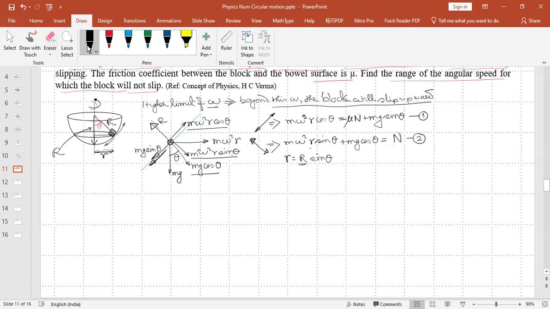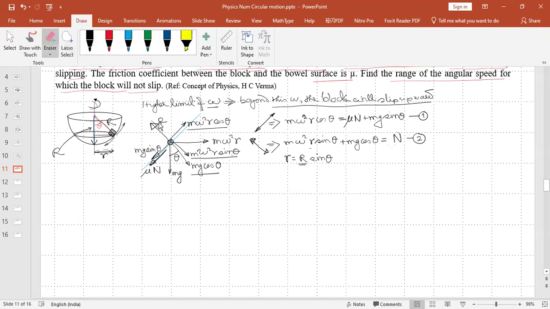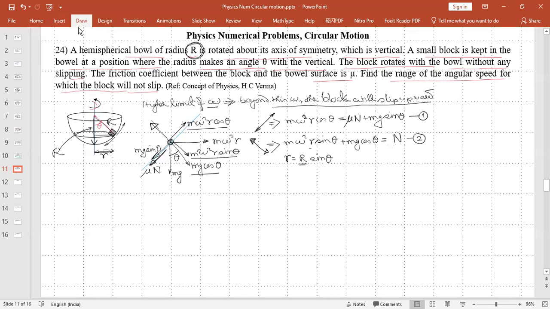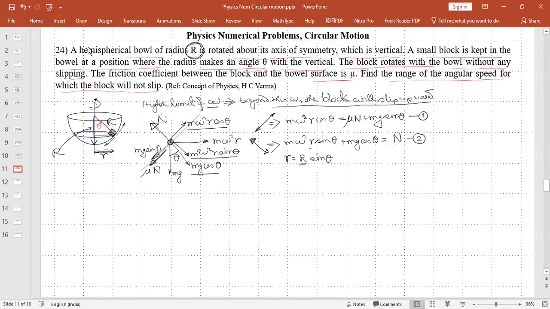Otherwise, there will be confusion. This is mu n, and this also as the reaction force n. Now, what do we do? We put the value of n into equation 1.